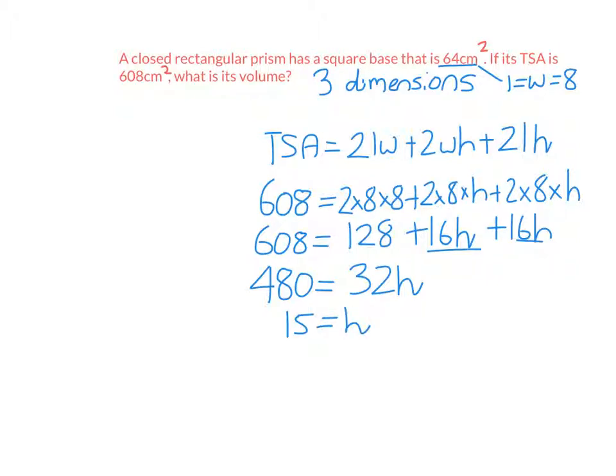So we've set up an equation, substituted what we do know to find the unknown dimension, the height. We now know that that is 15. So if this rectangular prism has a square base that's 64 centimeters squared, and its total surface area is 608 centimeters squared, its dimensions are 8, 8 and 15, so the volume is just 8 times 8 times 15, which is 64 times 15, 960 centimeters cubed.